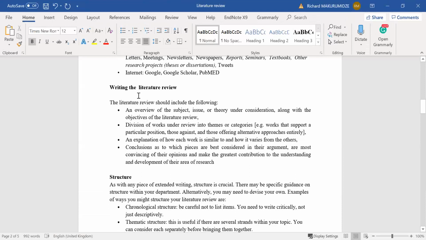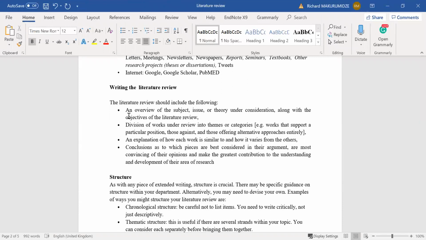When you're writing a literature review, one should include the following: an overview of the subject, issue, or theory under consideration, along with objectives of the literature review, and division of work under review into themes or categories.